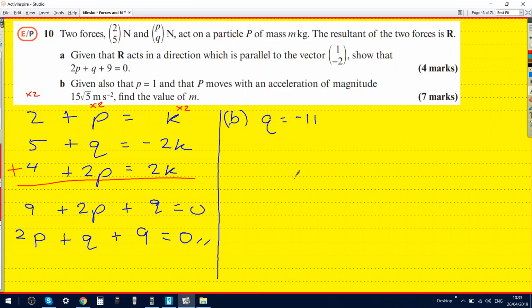Oh, I see, from the previous one. Yeah. Okay. And then do we add the two forces together? Yeah. So 3 and minus 6. Okay.